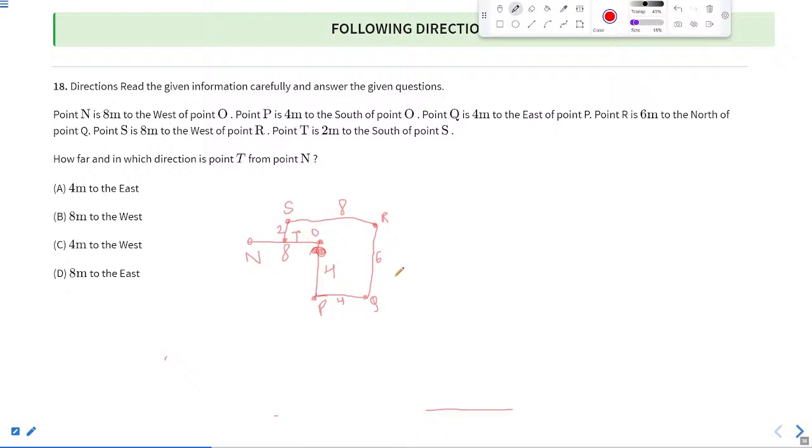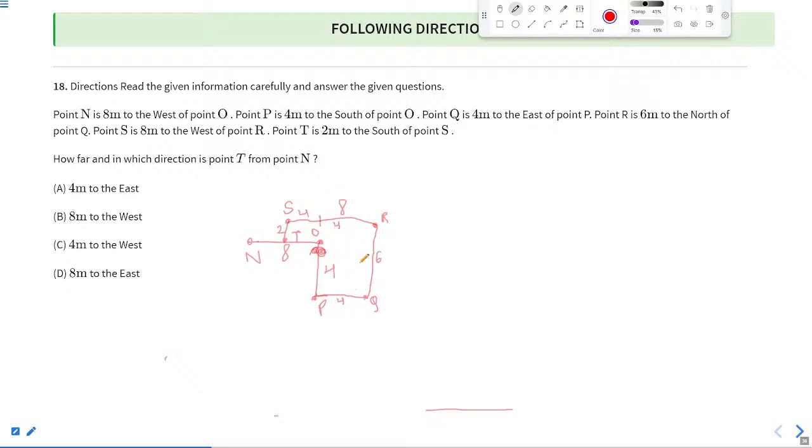Now since we've gone north 6 and come south 2, therefore O and T, and N will be on a straight line. N is to the west, so T is east of point N, and since this gives a distance of 8, this will be divided in half, 4 and 4.